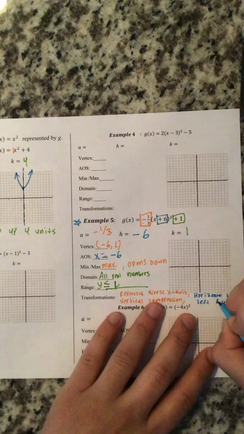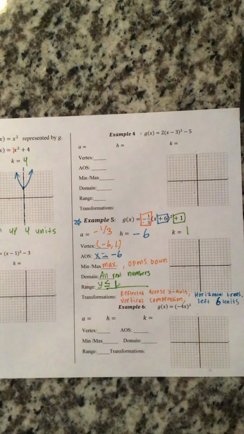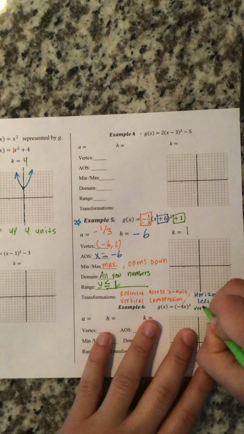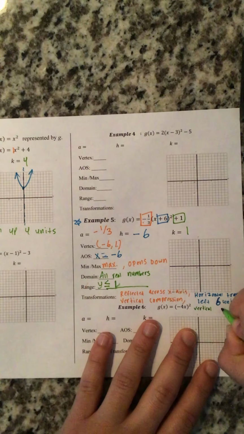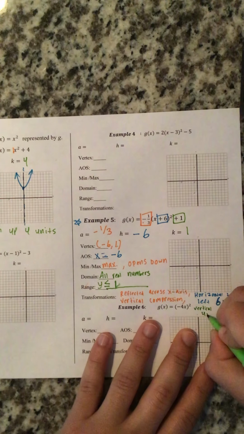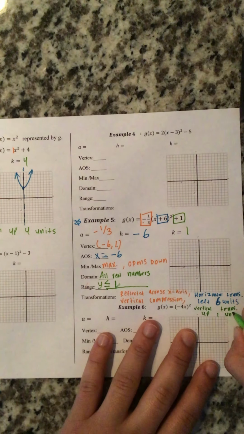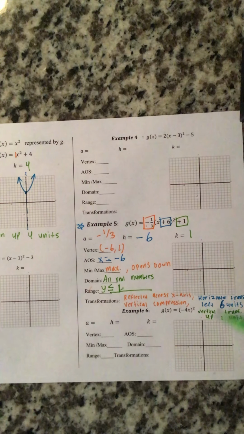To the left 6 units. And then lastly, I have this +1. That's the easy one. That tells me I have a vertical translation of +1, so up 1 unit. So this one has a lot of different transformations going on, but we can still graph it.